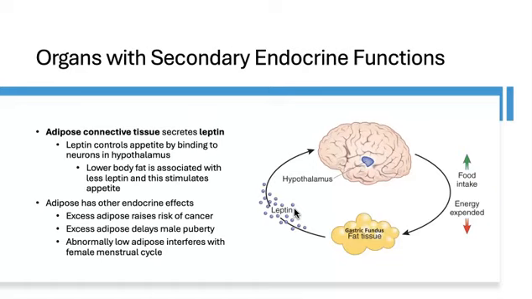Our adipose has other endocrine effects as well. If we have excess adipose, it's going to raise our risk of cancer. Excess adipose also delays male puberty, and abnormally low adipose is going to interfere with the female menstrual cycle.